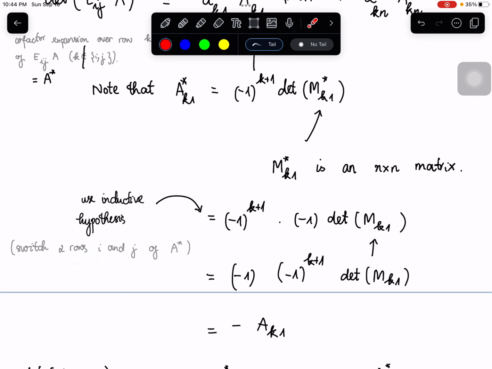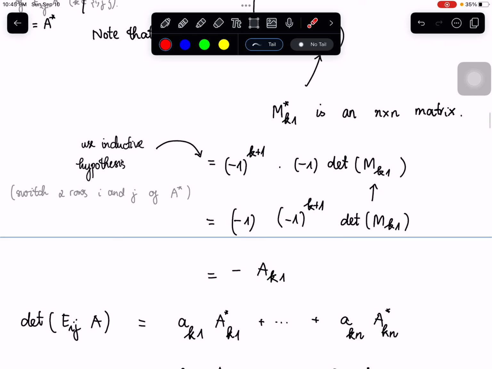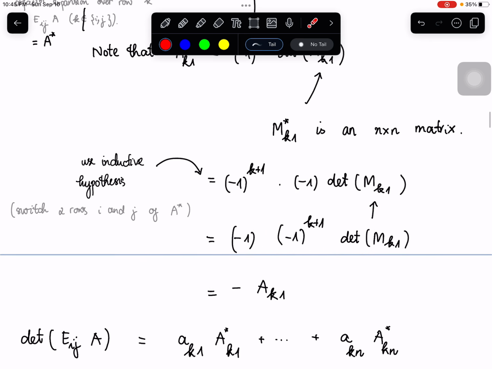And so this quantity, minus 1 to the k plus 1 times the determinant of Mk1, is in fact the cofactor of Ak1, with a minus sign.